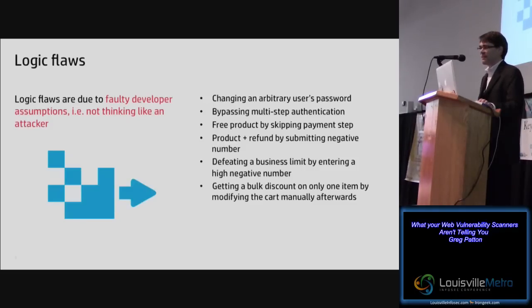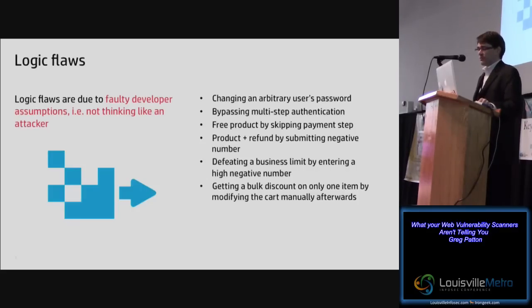We often find applications where we can bypass one of those steps. Maybe we add items to the cart, we skip over the payment part and go right to the shipping part. Shopping carts are great places for finding logical flaws.